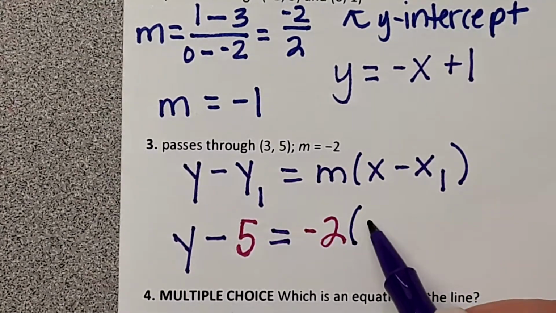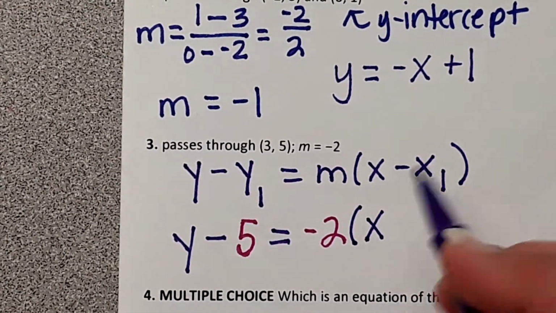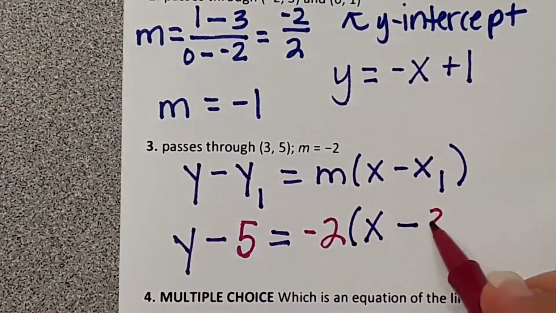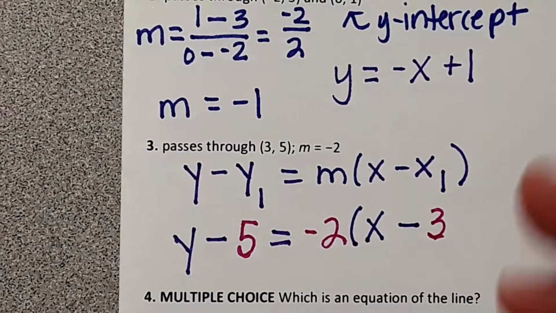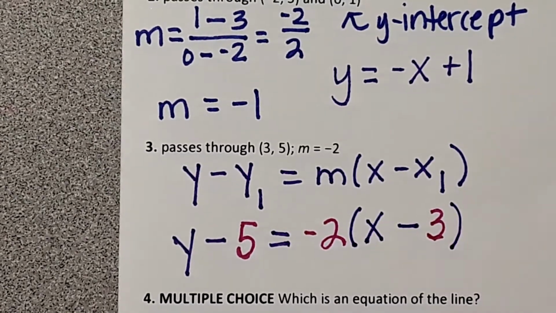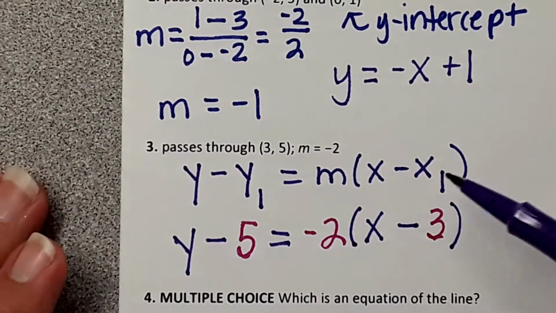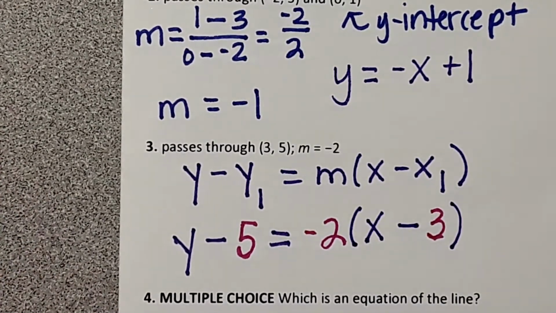X stays the same, minus stays the same, and then 3, and then close. So I know a point and I know a slope. So I put it in point-slope form and I'm done.